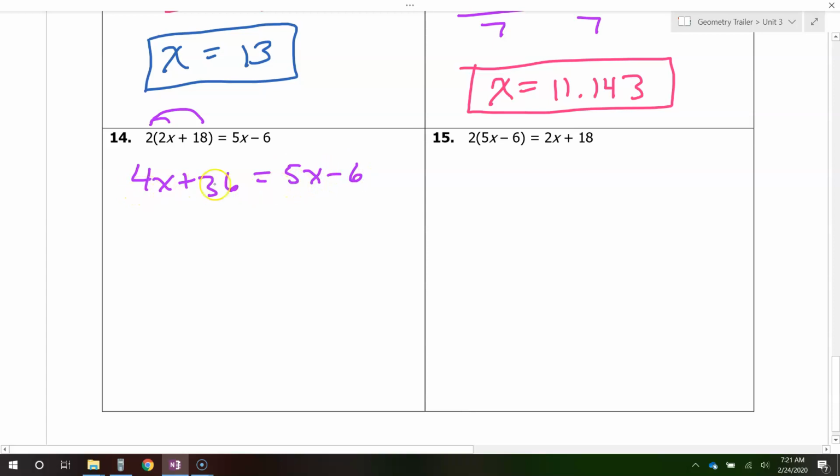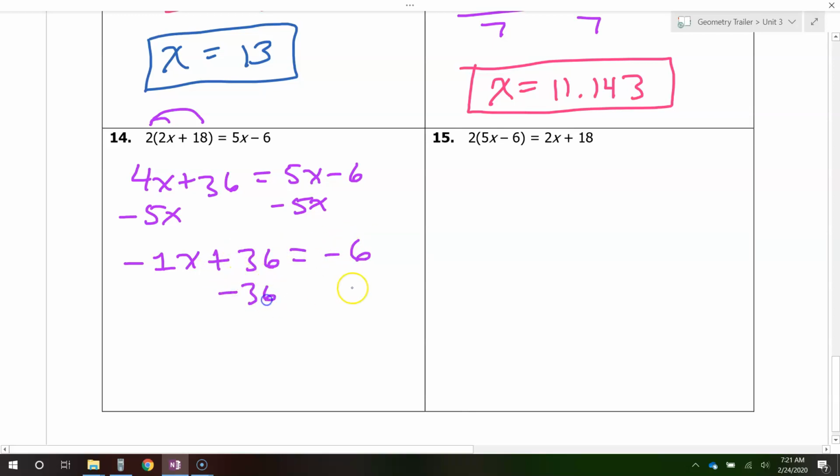Now, I see that we have variables on both sides of the equation, so I need to get them together. So let's subtract 5x from both sides. That's going to give us -1x. We don't really need the 1, but I'm just going to leave it there for now. Plus 36 is equal to -6.